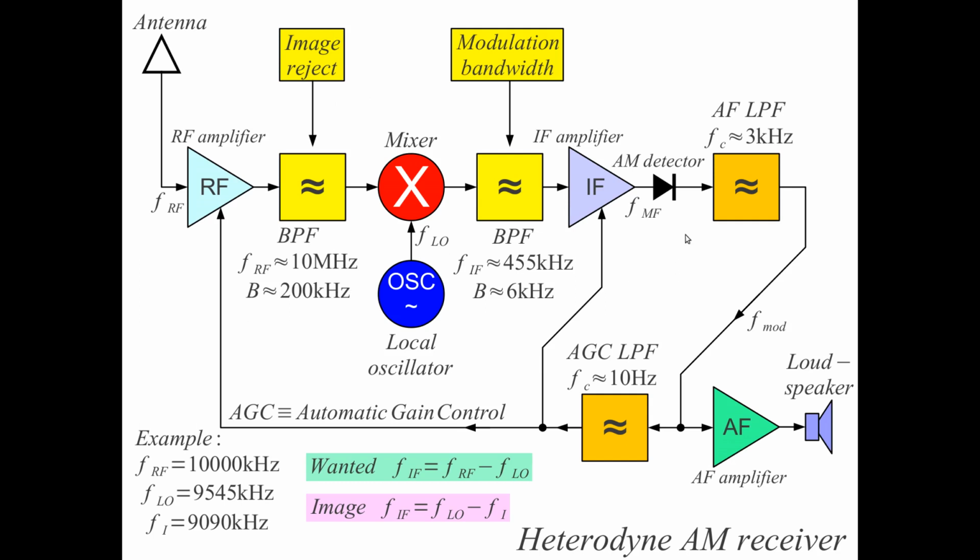In order to make this receiver as user-friendly as possible, besides the main signal path, we also have an automatic gain control loop here.